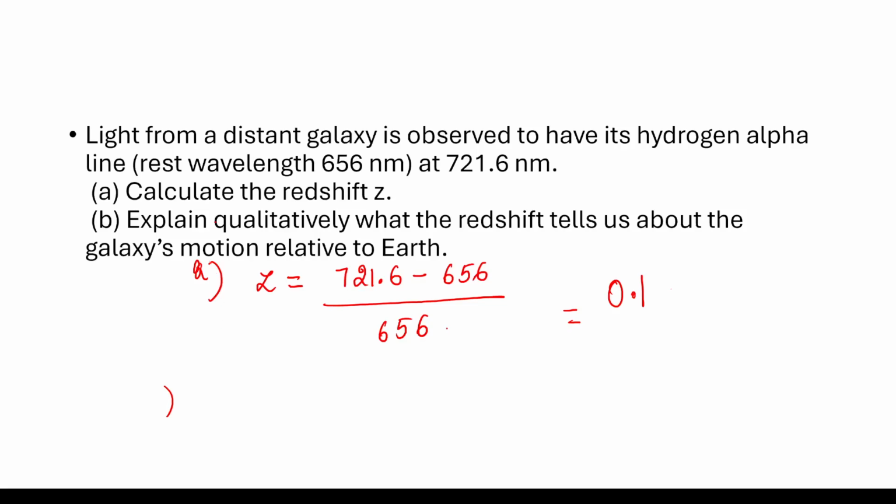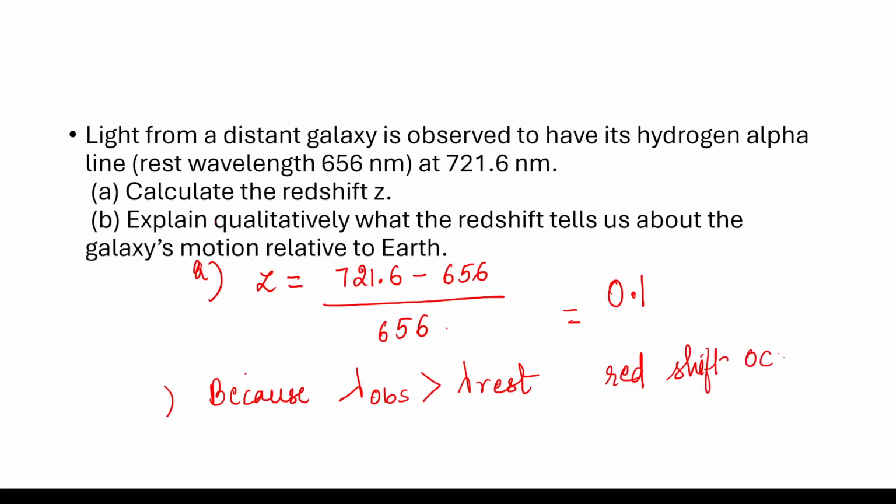So that is what the redshift is telling us about the galaxy's motion. You can write: because lambda observed is greater than lambda rest, redshift occurs. And when does the redshift occur? When the source moves away from the observer.